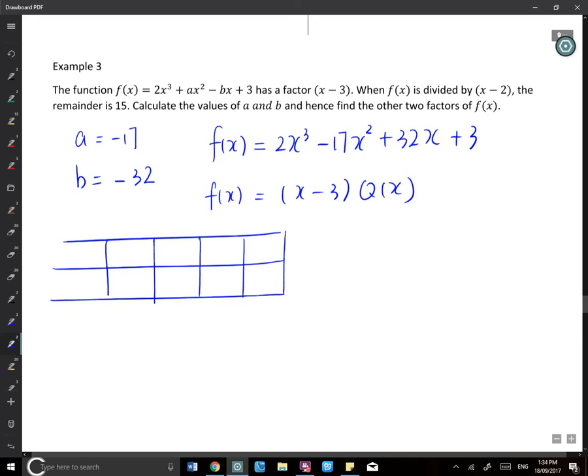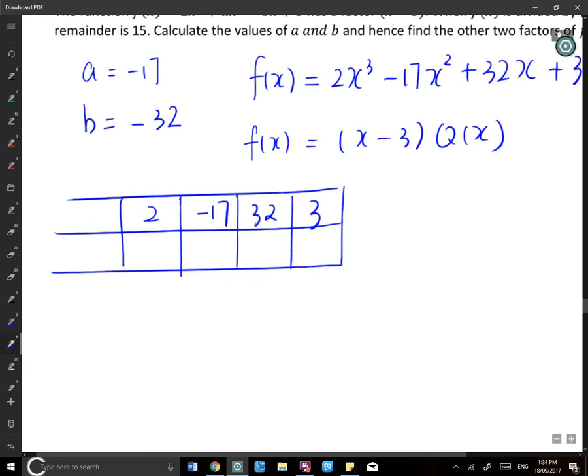So the table is 2, minus 17, 32 and 3. And then I will sub 3 in. The first one is a 2. 6. 6 minus 17 is minus 11. Minus 33 plus that is minus 1. 3 times minus 1 minus 3 plus 3 is a 0.